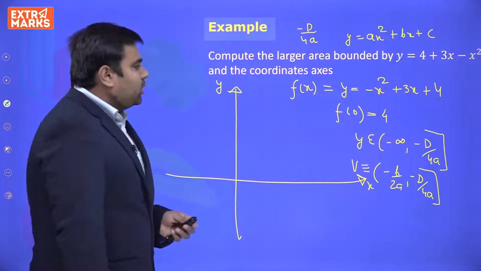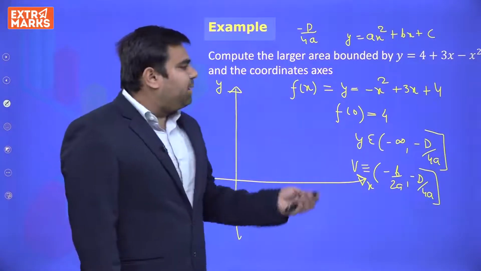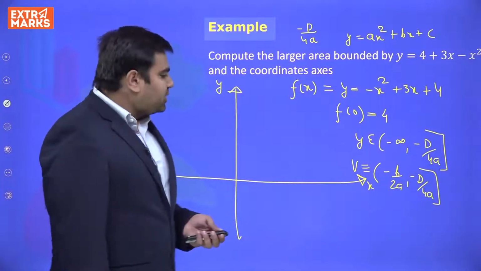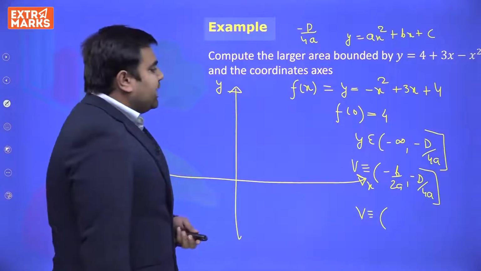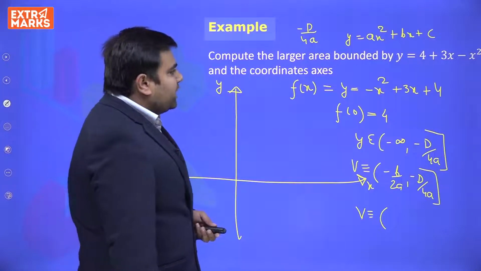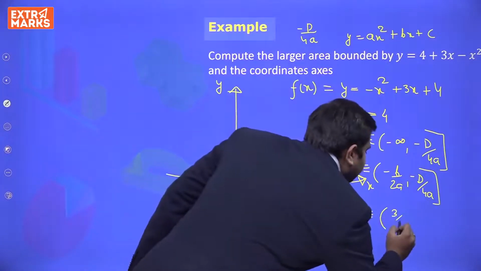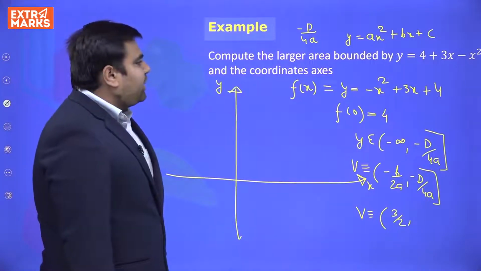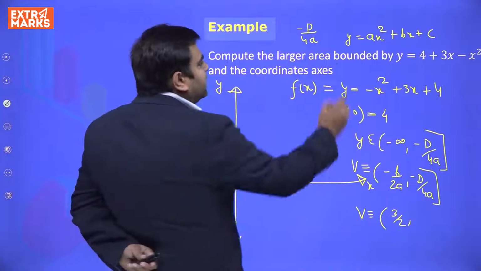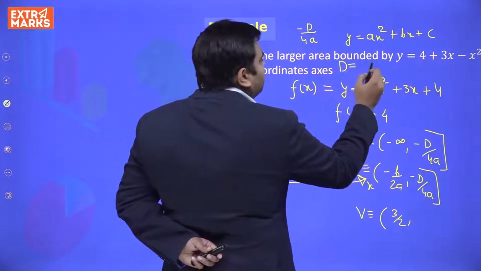Right? So firstly, I will calculate -b by 2a. What is -b by 2a? -b by 2a is -3 upon 2 into -1, which comes out to be 3 by 2. And what is -D by 4a? So what is D? D comes out to be b square minus 4ac.